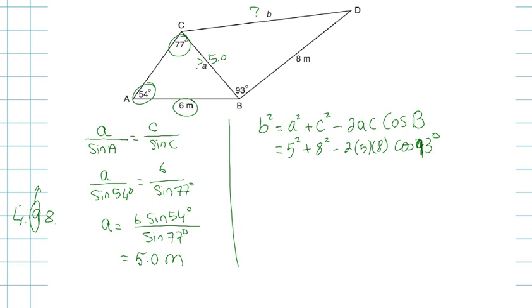This has to be all together, because you have multiplication: 2 times 5 times 8 times cosine 93. I would recommend that you enter it all together. What do you get? All together, right? 93.13.